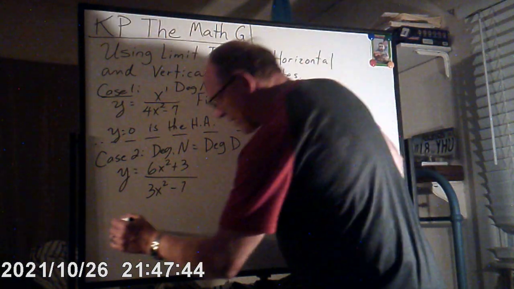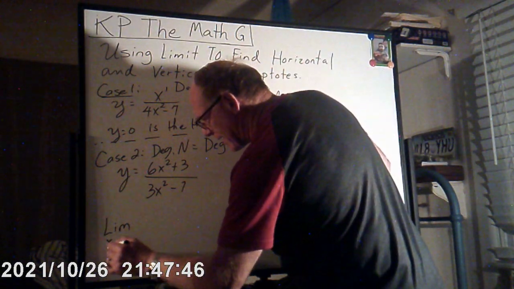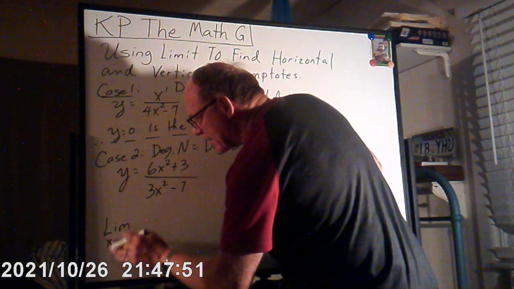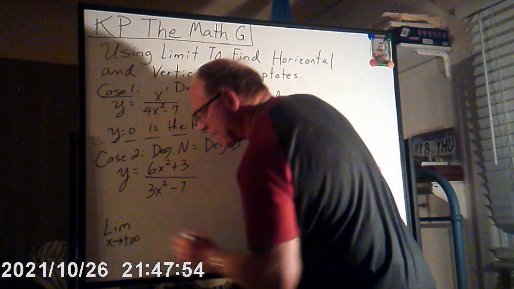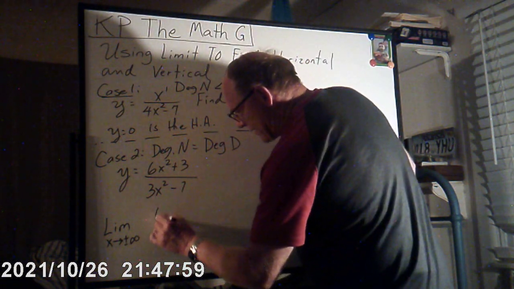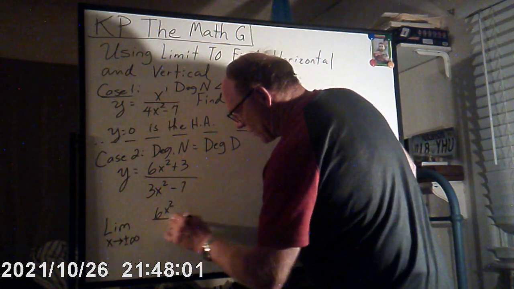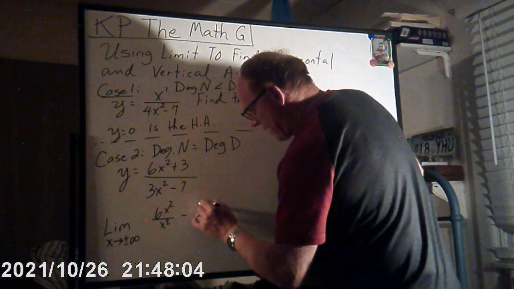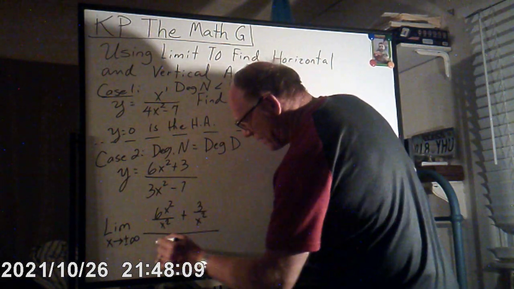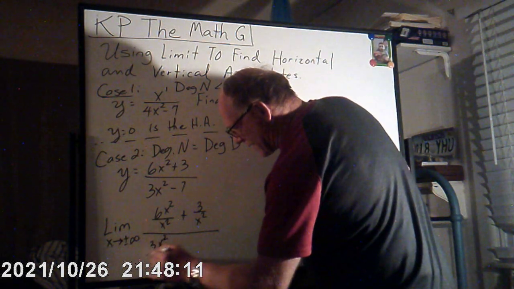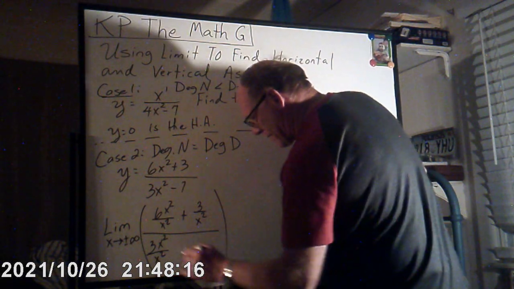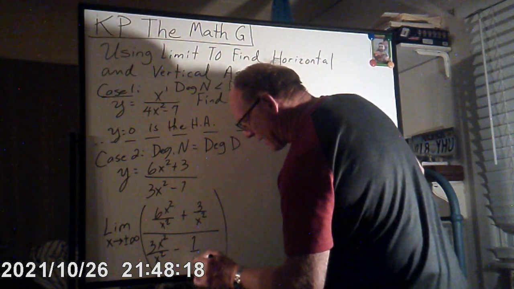So in this same thing, we're going to do the limit as x approaches, and you could say positive or negative infinity if you want. Here we go: 6x squared over x squared plus 3 over x squared, over 3x squared over x squared minus 7 over x squared.